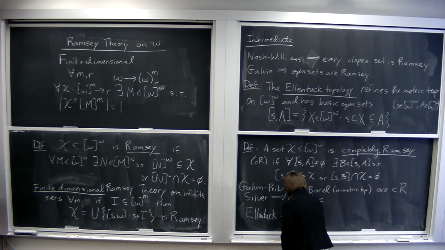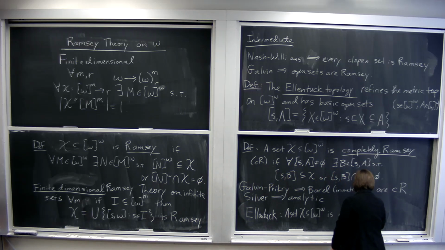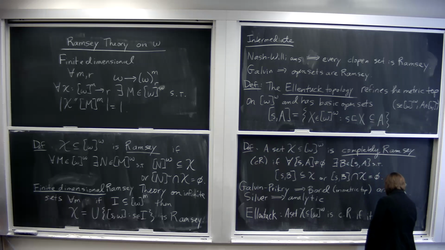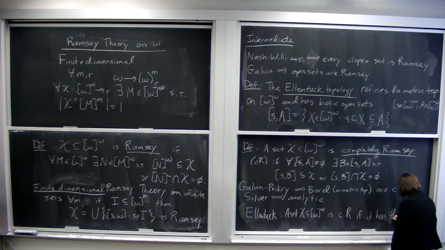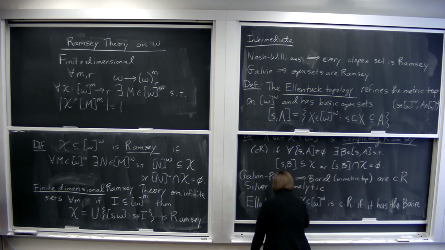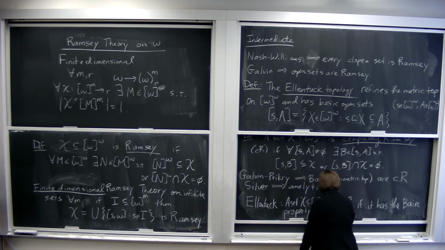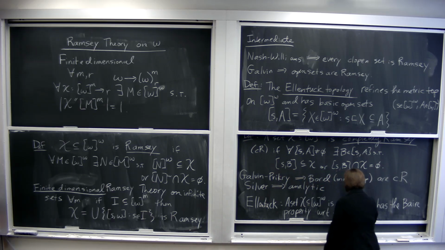So a set X is completely Ramsey if and only if it has the property of Baire with respect to the Ellentuck topology.